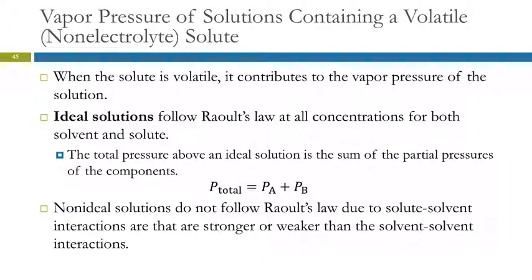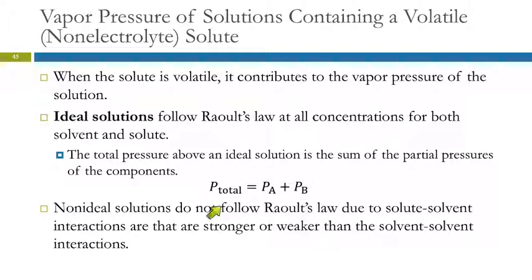Sometimes the solution has a volatile solute in it, meaning the solute is also evaporating. Then we have to look at the contribution of the solute to the vapor pressure. So we have ideal solutions and non-ideal solutions. An ideal solution is going to obey Raoult's Law at all concentrations for both the solute and the solvent.